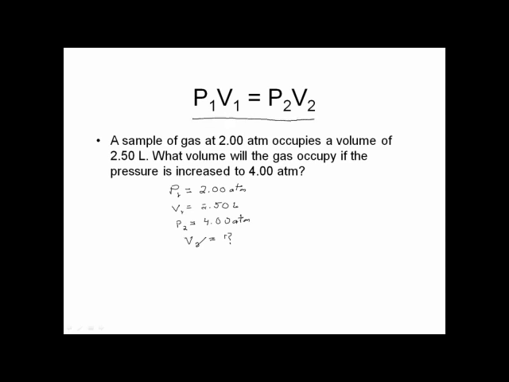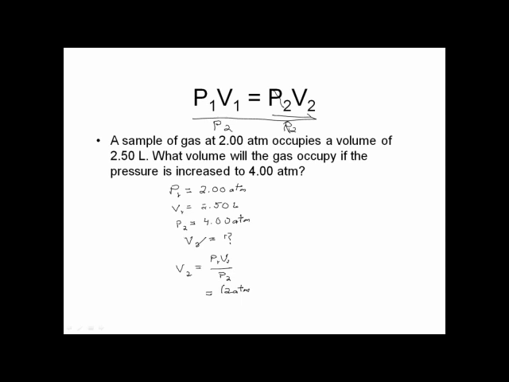If we look at this equation and solve for V2, we're just going to divide both sides by P2. On this side they cancel, so we are left with the equation V2 equals P1 V1 over P2. And then we just plug in. Our initial pressure, or P1, is 2 atm.